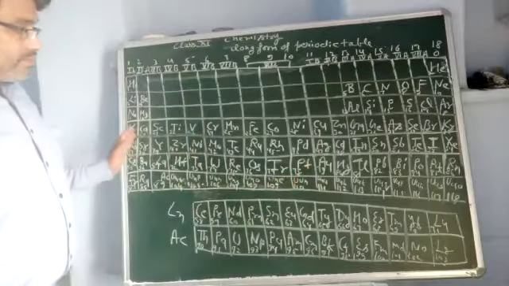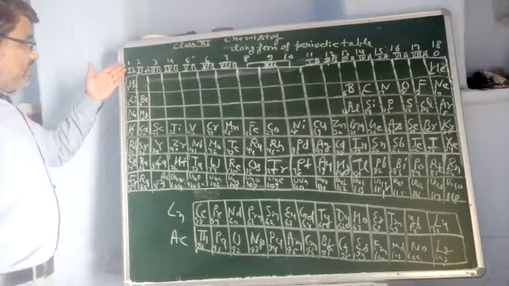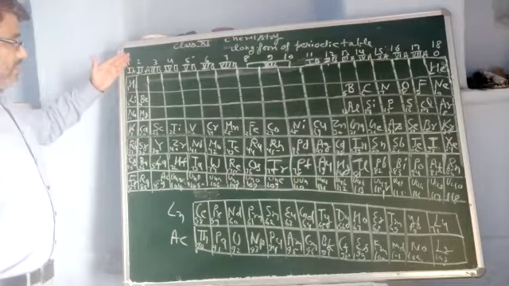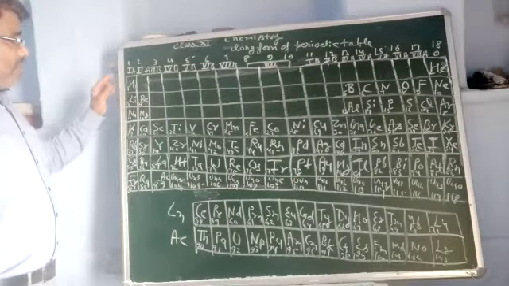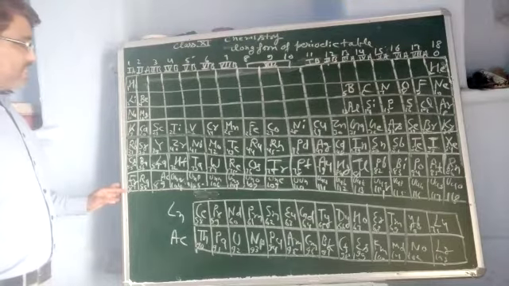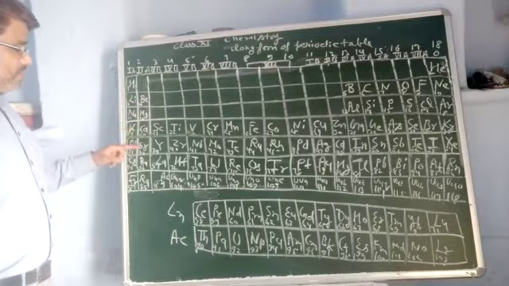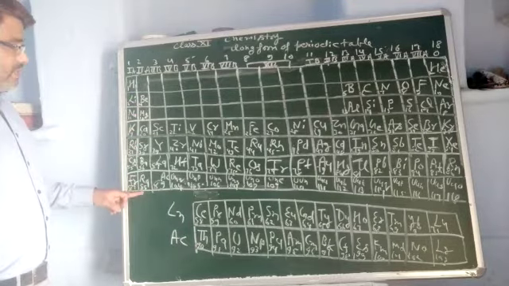So in this periodic table, in first A group we have hydrogen, lithium, sodium, potassium, rubidium, cesium and francium. And in second A, beryllium, magnesium, calcium, strontium, barium and radium.